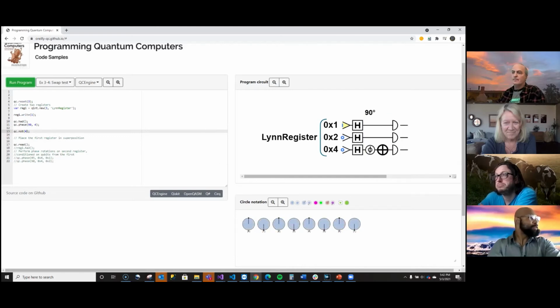Perfect. Would you like to have another example of some single qubit operation? There's something I'd like to try by itself. Here we have a situation where we put all of our qubits in superposition.